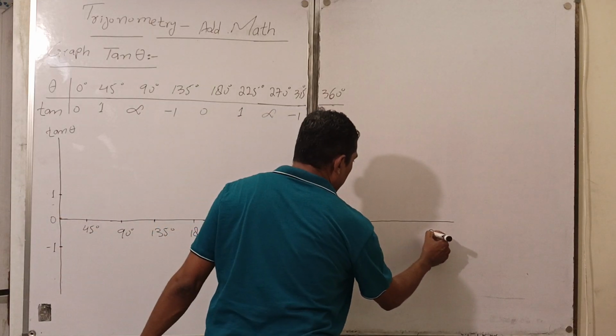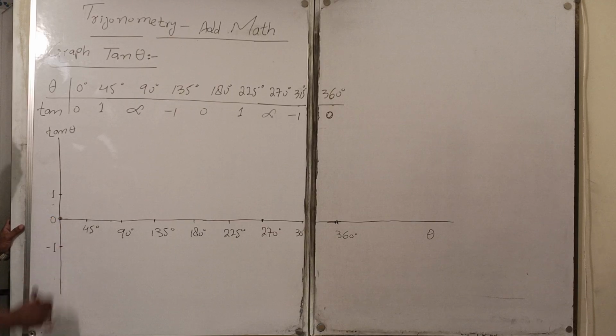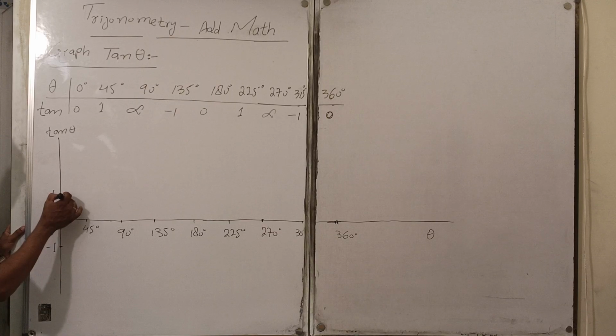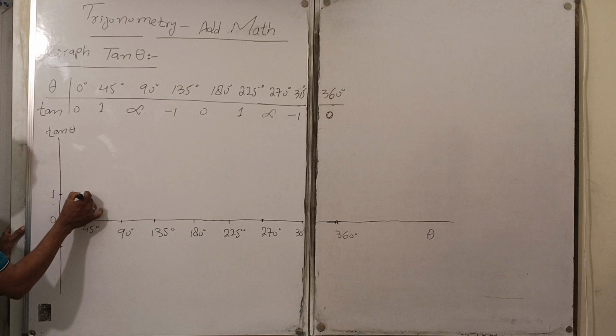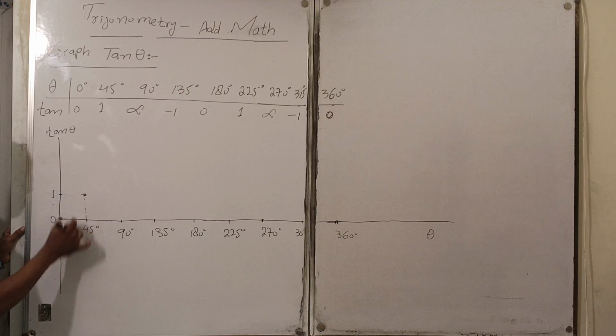It is your theta. The first value is here 0. The second value is at 1.